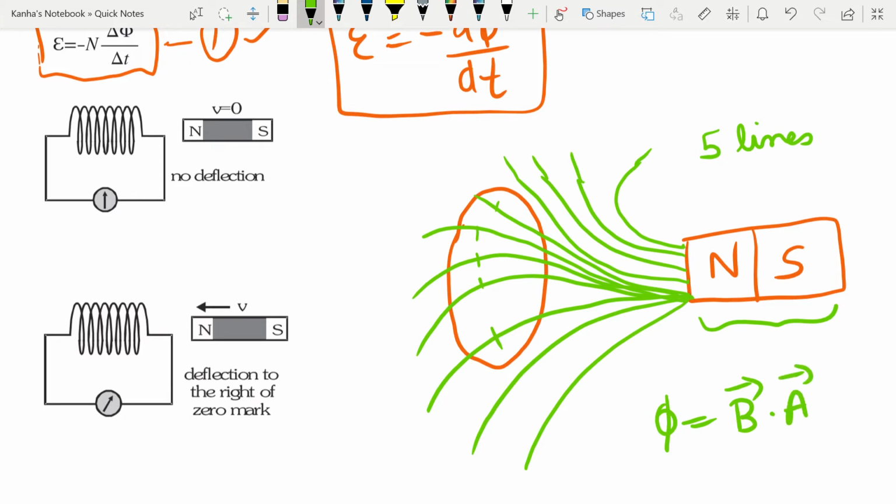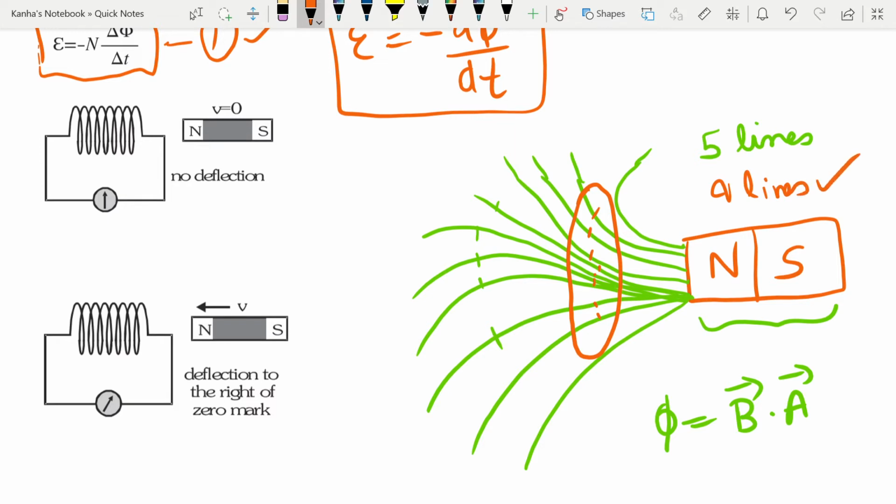Now if I try to move the north pole towards the circuit, what will happen? I'll just relatively write what is happening. My ring will reach somewhere here, but now when the ring has reached here, how many lines are passing through the ring? 1, 2, 3, 4, 5, 6, 7, 8, 9. 9 lines are passing through it.